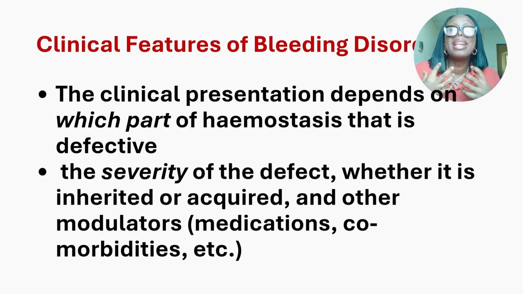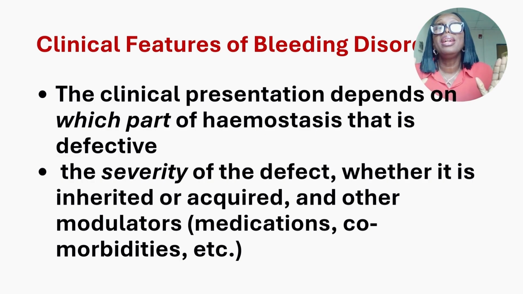If it is platelets that are defective, it presents with platelet abnormalities. If it is clotting factors that are defective, it presents with defects that have to do with clotting factors. And if it is the fibrinolytic system, it can also affect that part.